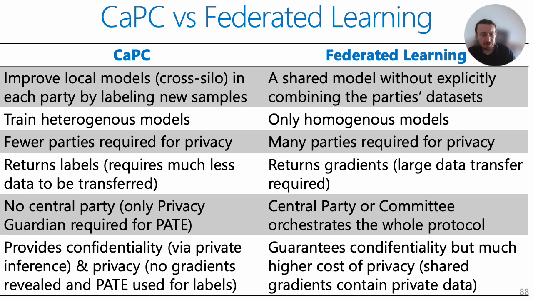And then with Capsi, we're able to provide these strong privacy guarantees and show that it can protect, for a given party, its private data from the querying party using homomorphic encryption and MPC. And then we also showed that we can harness, for example, the PATE framework to prevent privacy leakage from the answering parties.